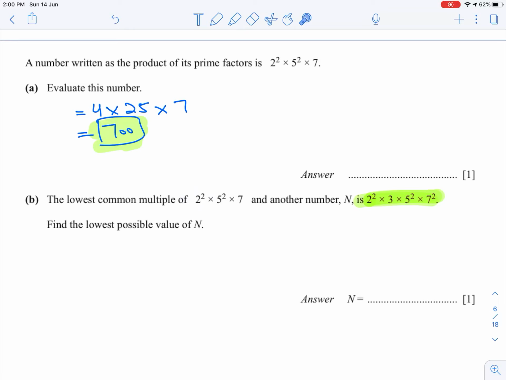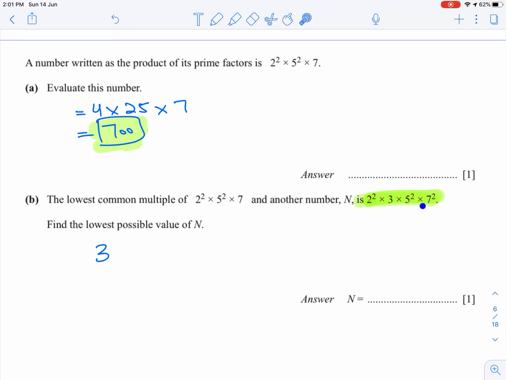We need to find out the lowest possible value. So we need to take whatever is necessary to make n. So we will not take 2. Now look at 3. You don't have any 3 here. That means n must be having 1 3, so that this 3 was taken from the prime factorization of n. As far as 5 is concerned, you already have 2 5's here, so we don't need to take 5's in n.